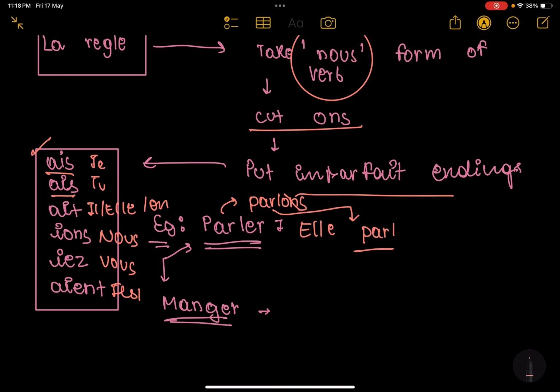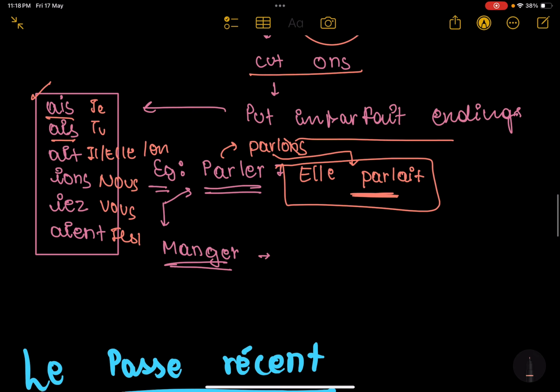This is the imparfait stem that I have got. Now I'll add the endings of the imparfait for the pronom sujet elle, which is ait. So here I have got the imparfait, elle parlait. This is the correct pronunciation, elle parlait.